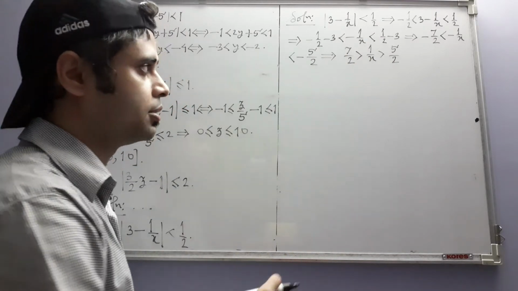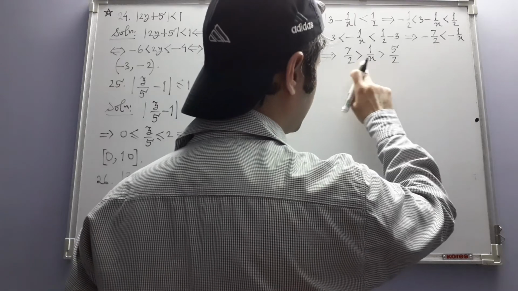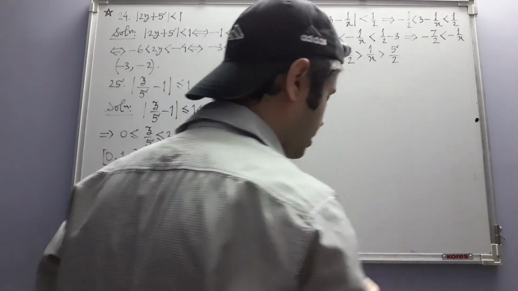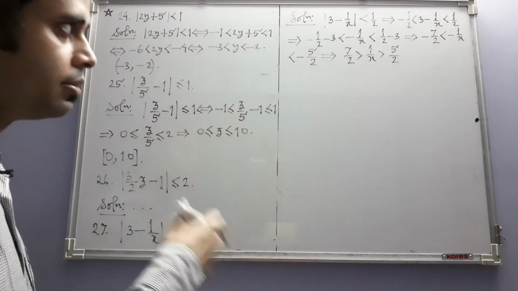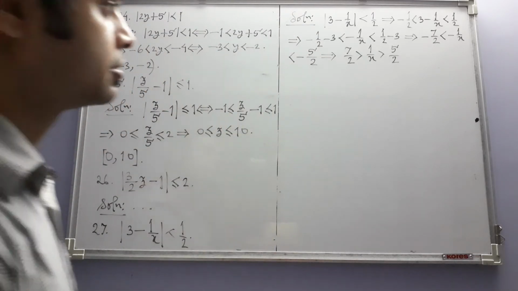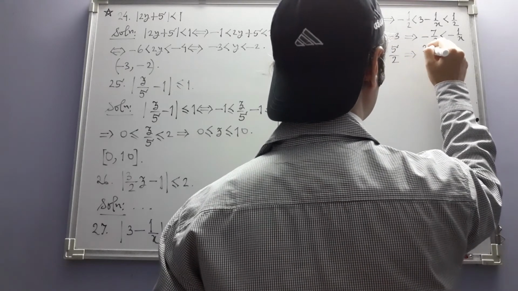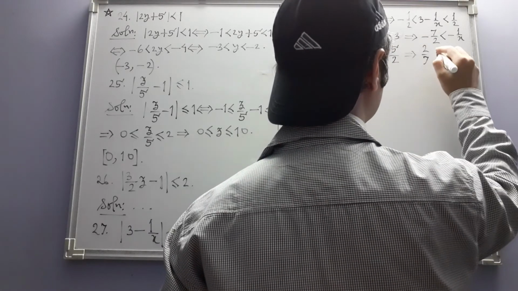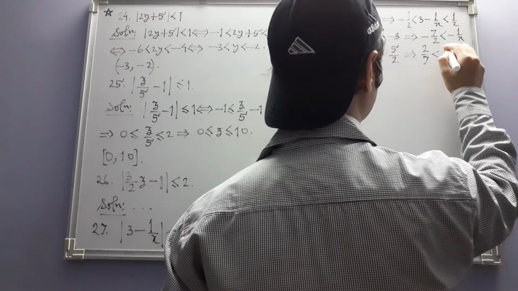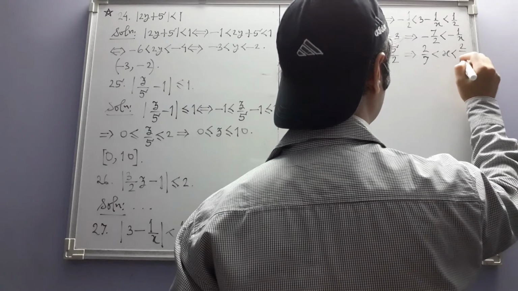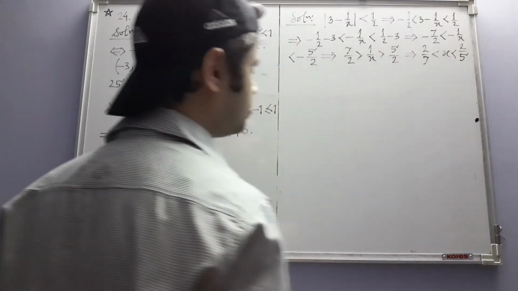So x is positive and all the numbers are positive here. So we can take reciprocal, and doing so will again reverse all the inequalities. So this implies 2 by 7 is less than x, and that is less than 2 divided by 5.